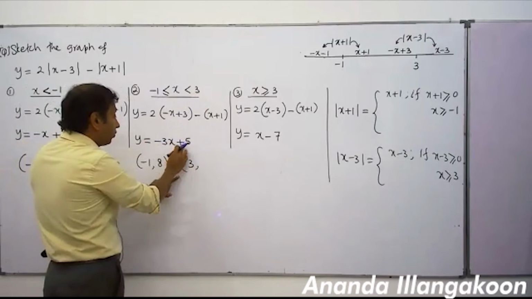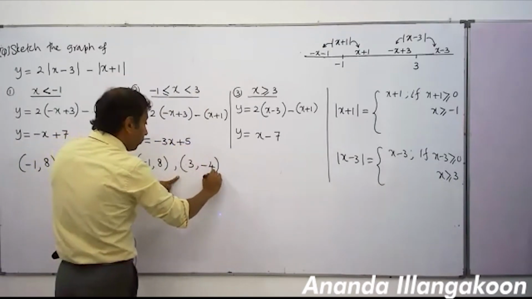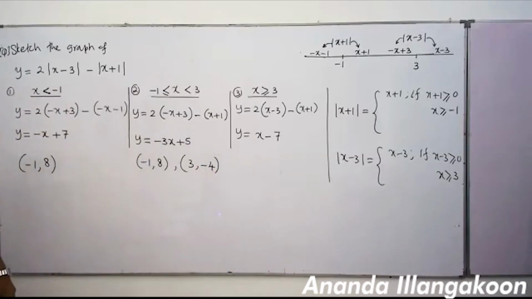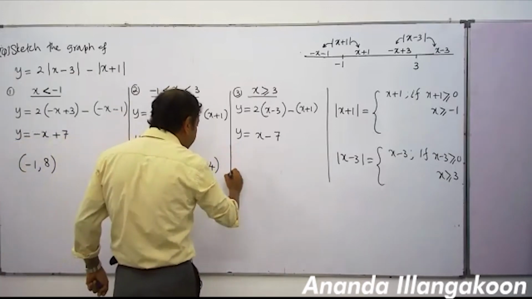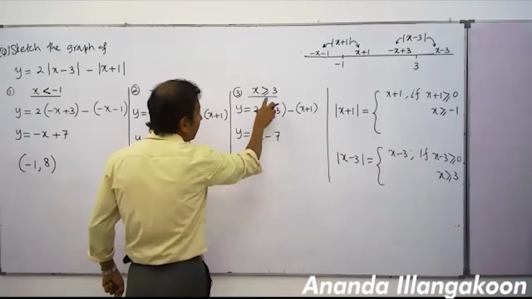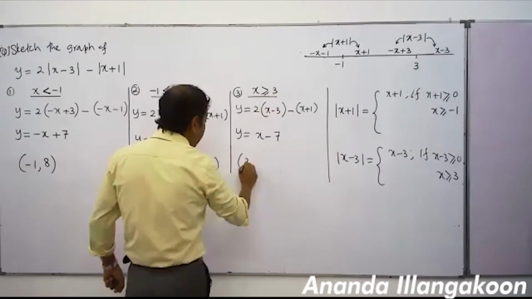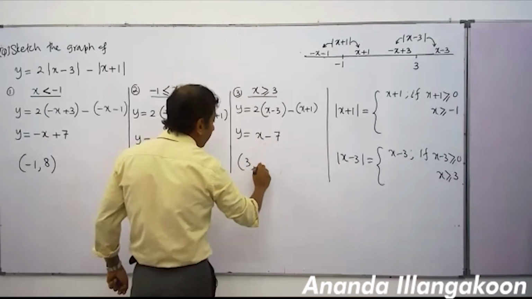Minus 9 plus 5 minus 4, right? Here also, people, put this x equals 3. Here, of course, no issue, x equals 3 is possible to put. Put here 3, 3 minus 7 is minus 4.